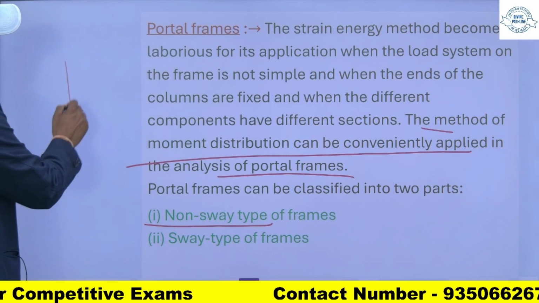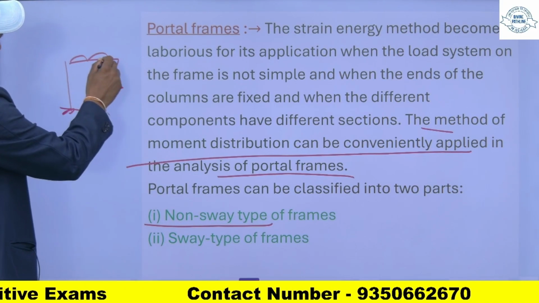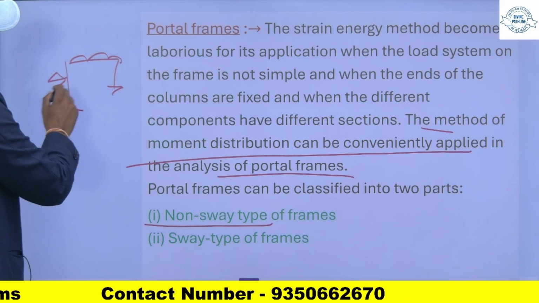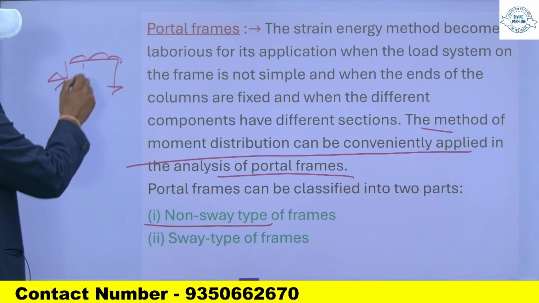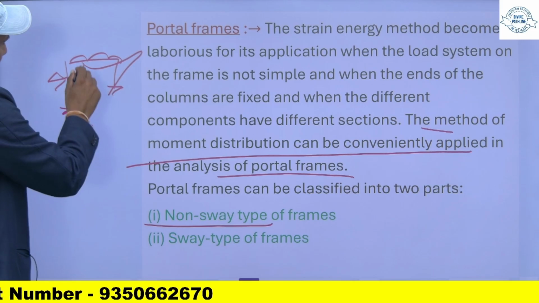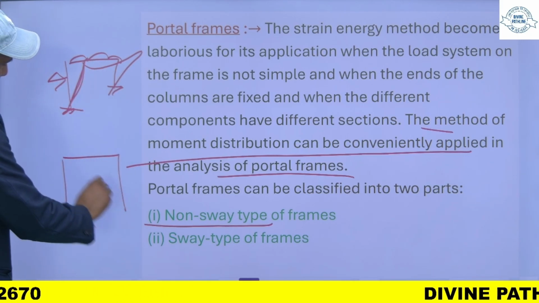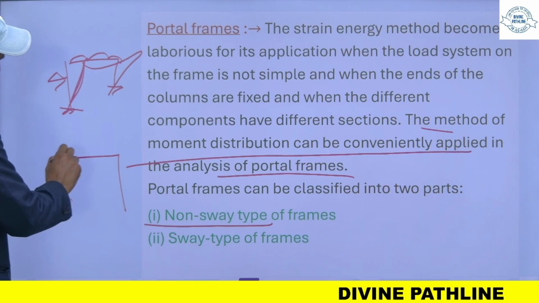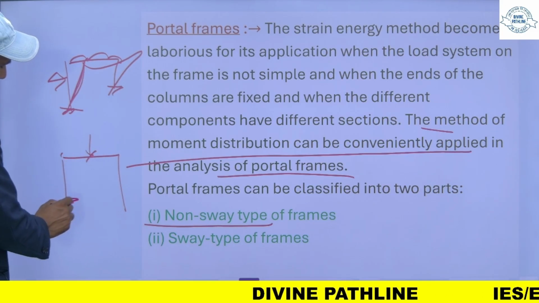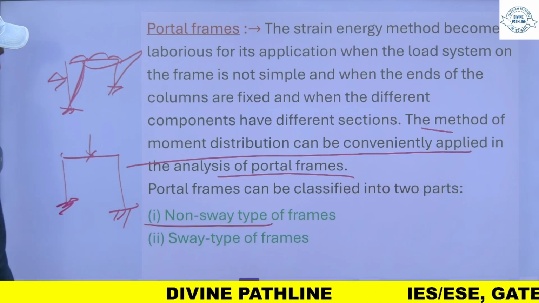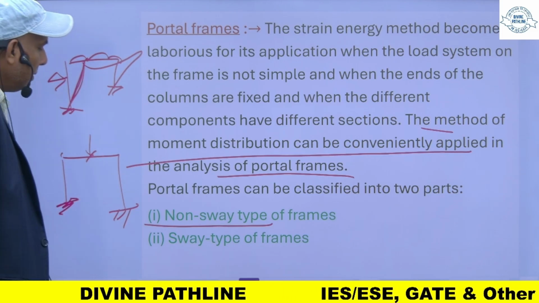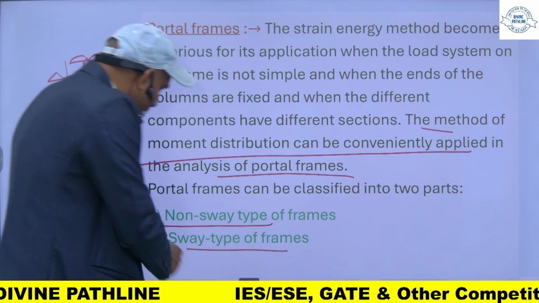Suppose this is my portal frame, so this will sway like this, and another is like this. So it is similar, so it will not sway. So this is the sway type of frame.